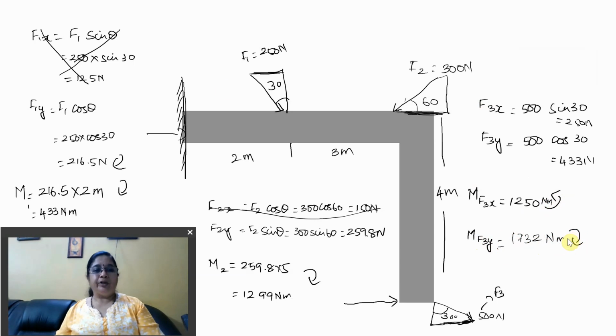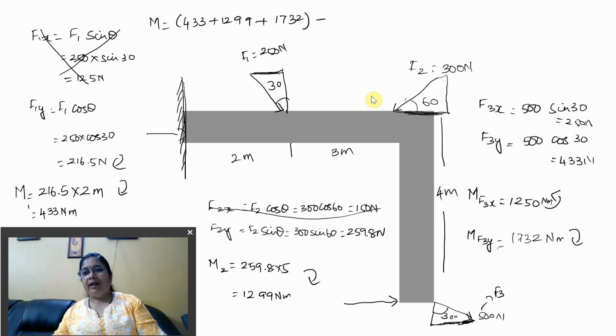So how is this bar going to move? The total moment is equal to, you have to add all the clockwise components, which means 433 plus 1299 plus 1732, minus, you'll have to subtract the anti-clockwise component, which is going to be 1250.